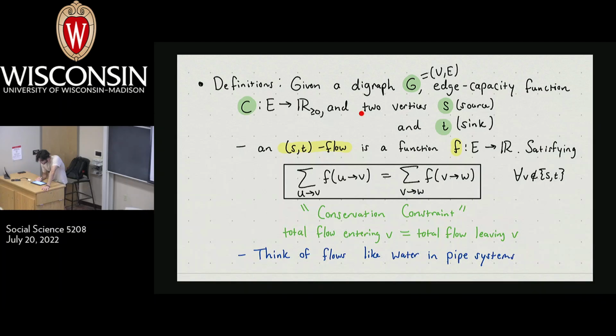And then you have two vertices, S and T, called the source and the sink. These are different than the sources and sinks we talked about for directed acyclic graphs, but it's the same kind of idea. A source is where all of the stuff is coming from. This is the main warehouse that has all the supplies, and it's sending all of them.